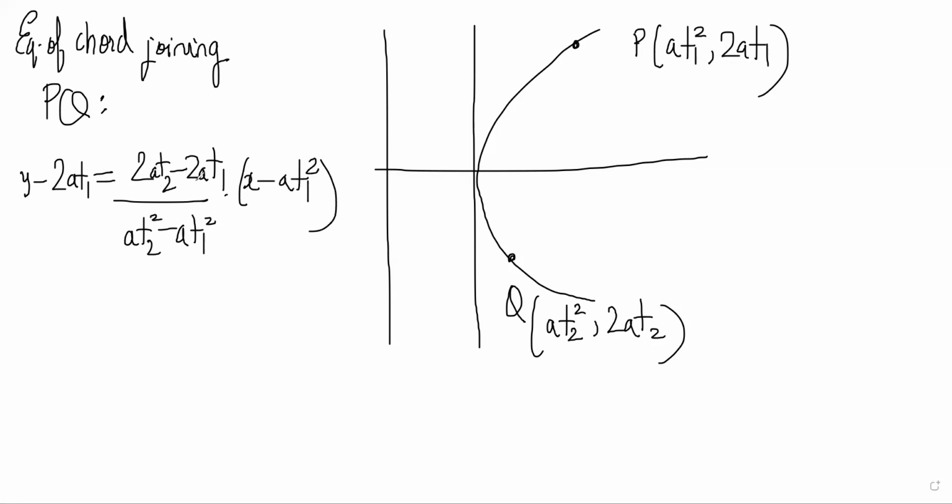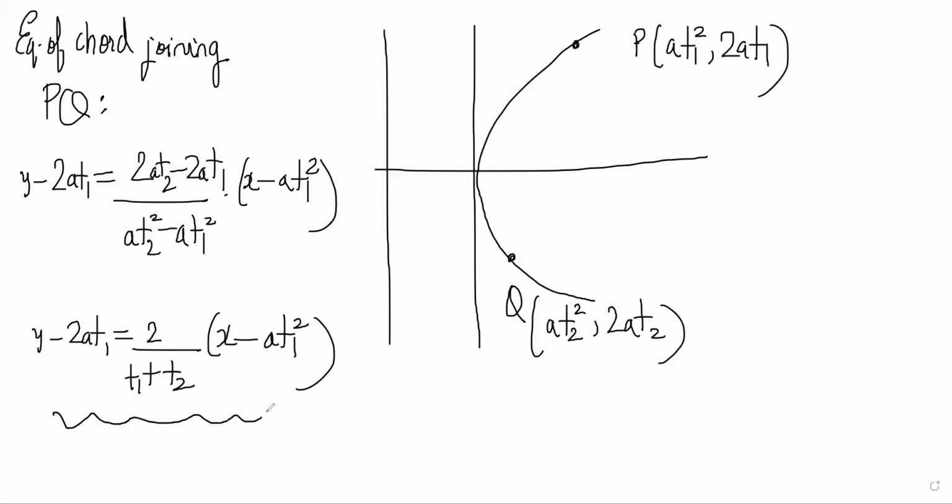You can cancel a here, and t2 minus t1 also can be cancelled. So you'll get y minus 2at1 is equal to 2 by (t1 plus t2) into (x minus at1 squared), right? So this is the equation of the chord joining PQ.